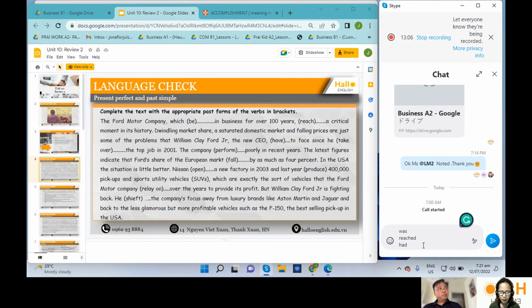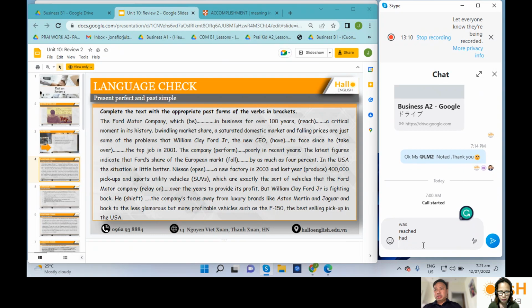Take over will become... take-ed? No. What's the past participle of take? Took, right?